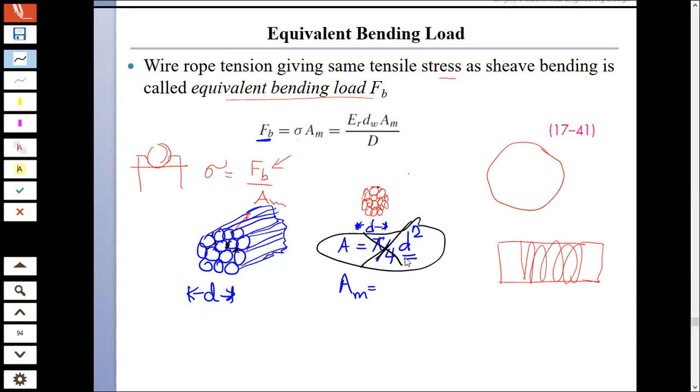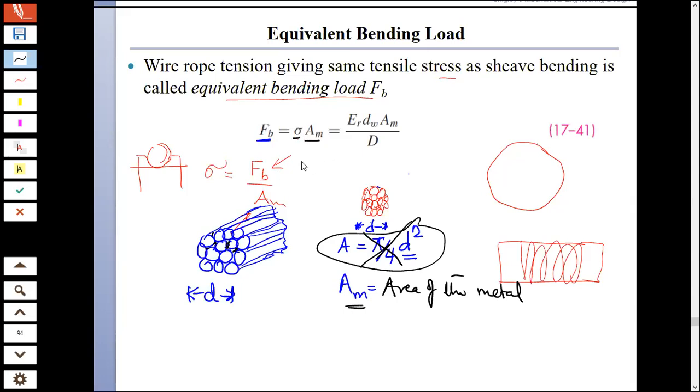And why do we call this AM? This is the area of the metal, that is why we call it AM. So that is why my FB is equal to sigma times AM.